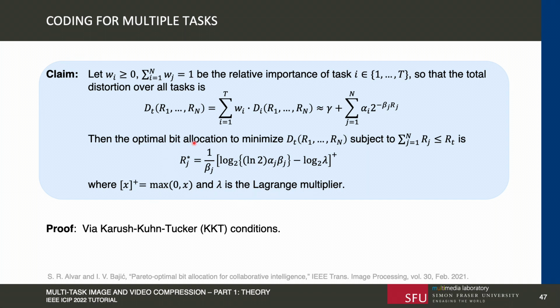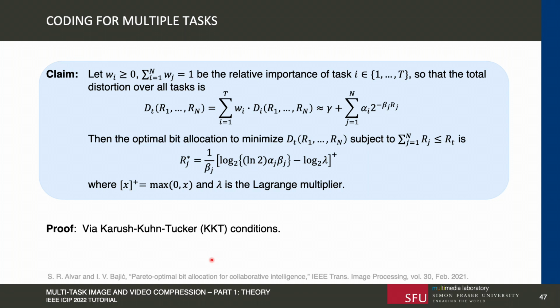So this type of result is sometimes referred to as inverse water filling, and it can be derived using Karush-Kuhn-Tucker conditions. And so the key component here is that the cost function is convex and the constraint is also convex, and that's what allows us to use KKT conditions to derive this result.